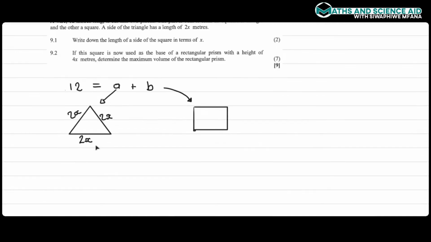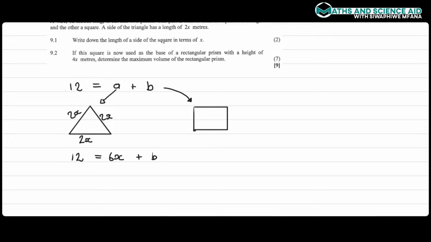The length of A is going to be 2x plus 2x plus 2x, which is equal to 6x, because A is what was used to form this equilateral triangle. The perimeter of the triangle is 6x, which is the length of the first piece A.